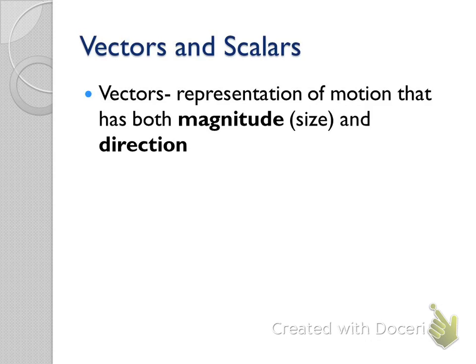So we're going to look at two different ways to measure things. Okay, things can be measured as either a vector or a scalar. A vector is a representation of motion that has both magnitude and direction. Magnitude and direction.